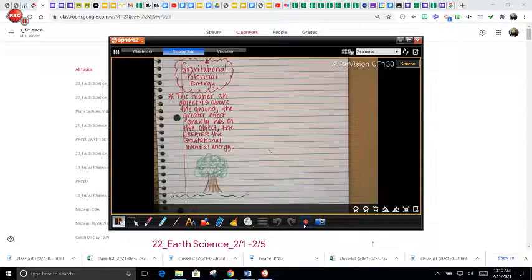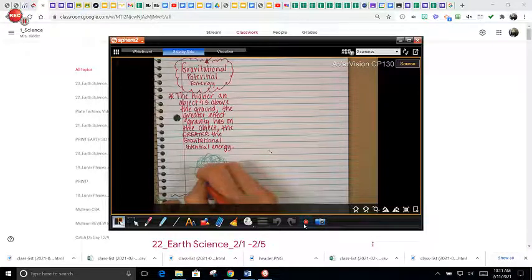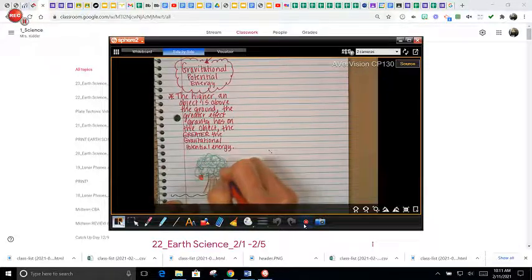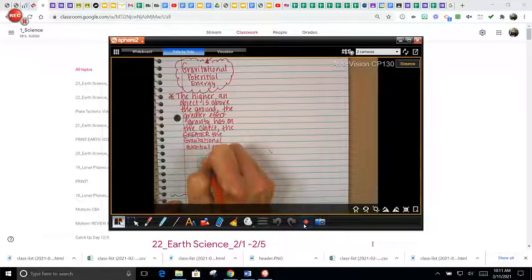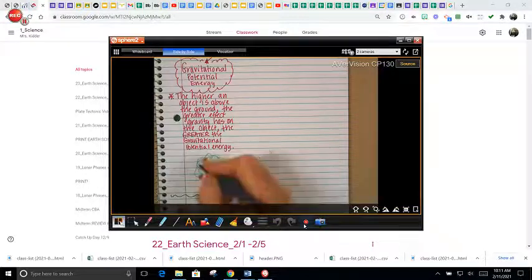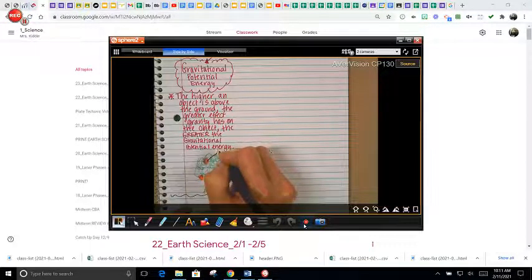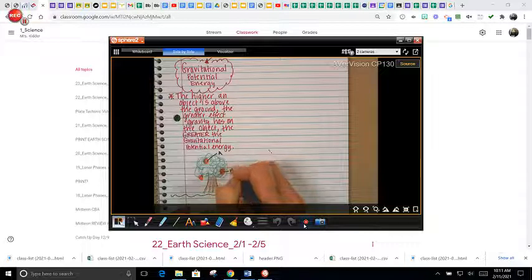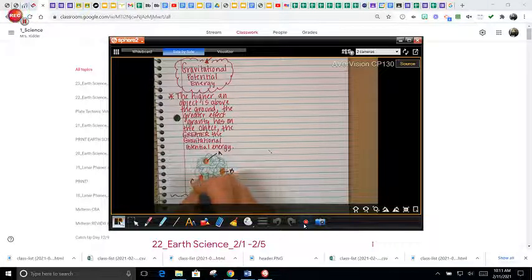Well, here's my tree. And here's a little apple. And here's an apple. And way at the top up here is an apple. This is apple A, this is apple B, and this is apple C.